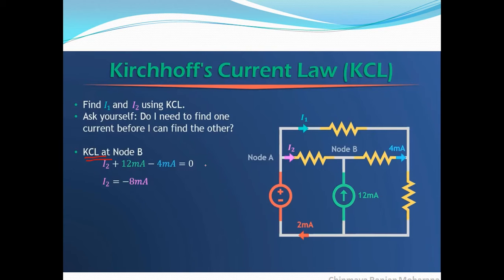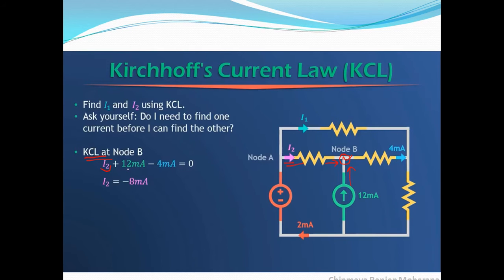If we consider node point B, then by applying KCL, what will happen? The total summation of input current equals output current. What is the input current here? I2 is the input current. I2 plus 12 milliampere, this current also is in this direction towards the node.